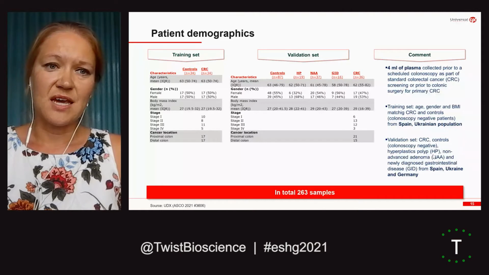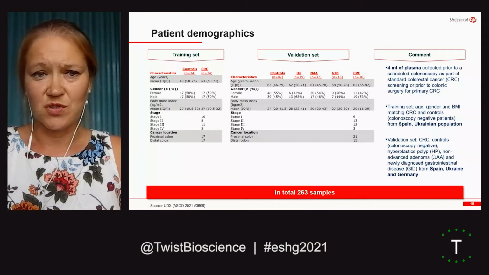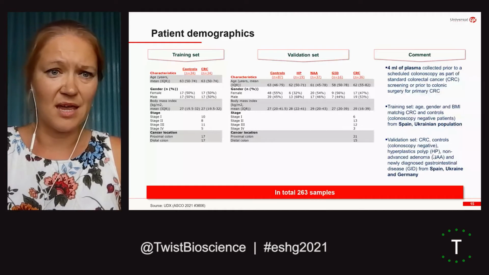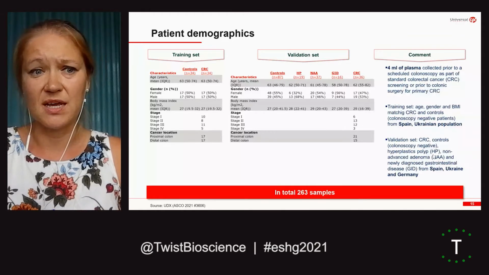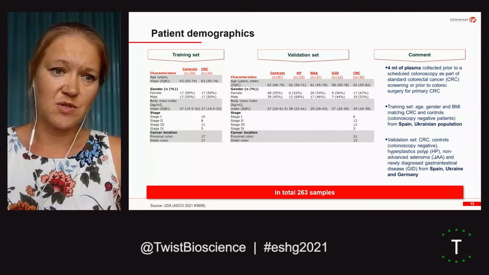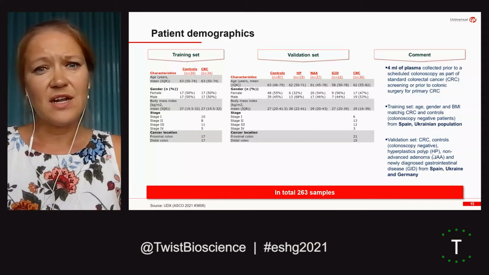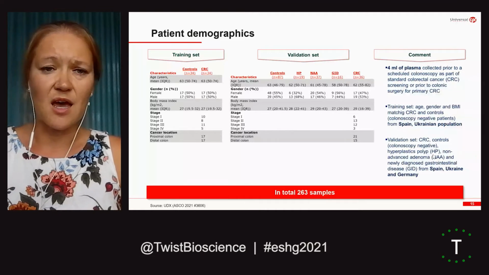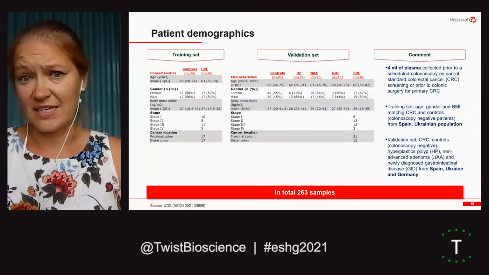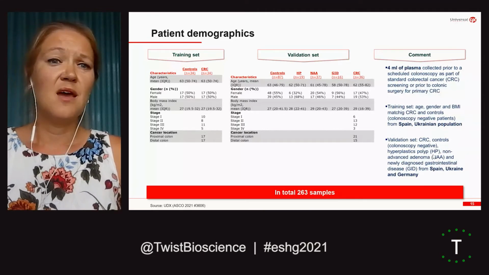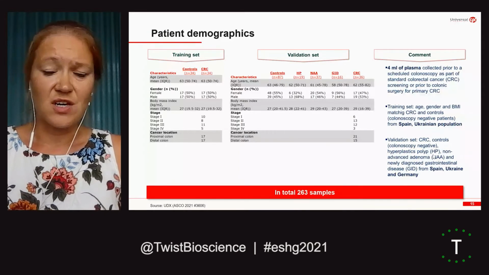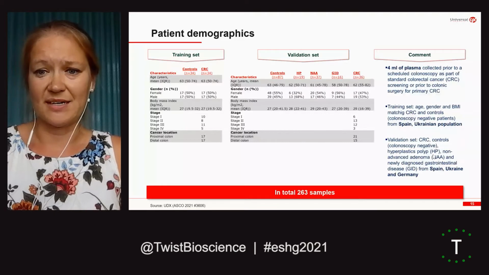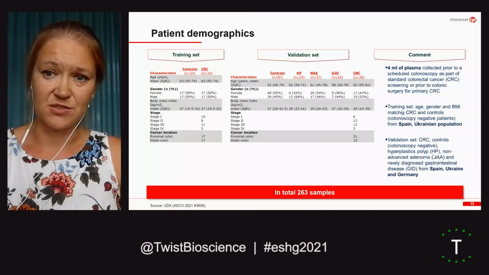In the training set, we had matching controls to colorectal cancer patients, matched by BMI, age, gender, origin, also the cancer location, proximal and distal colon. And the validation set then included colonoscopy negative controls, hyperplastic polyp patients, non-advanced adenoma patients, previously undiagnosed gastrointestinal disease patients, and colorectal cancer patients from 3 populations.